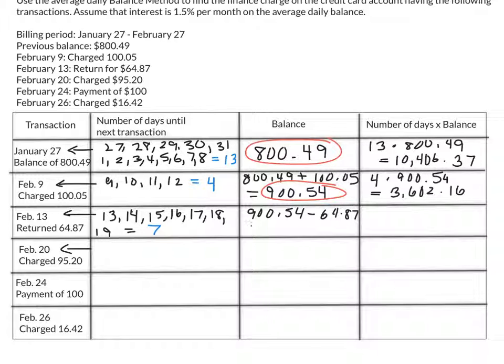And our new balance is $835.67. So we'll multiply that by 7. And we get $5,849.69.